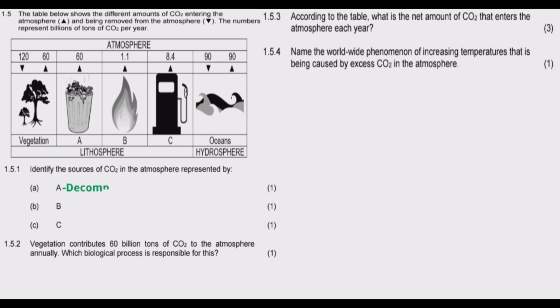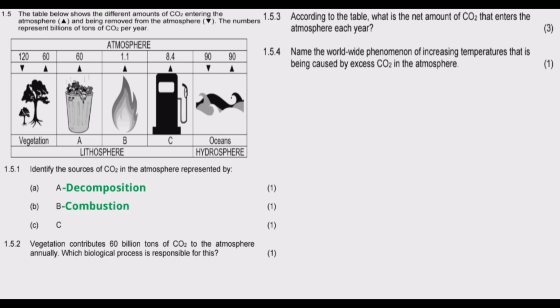Okay, decomposition. What is happening here? Here is a flame, which means something is burning. So B is combustion.